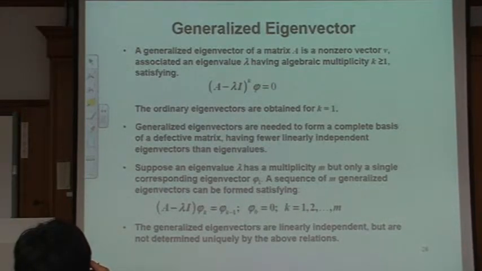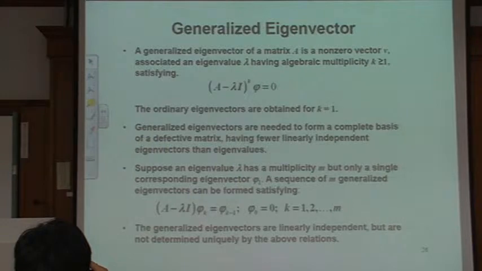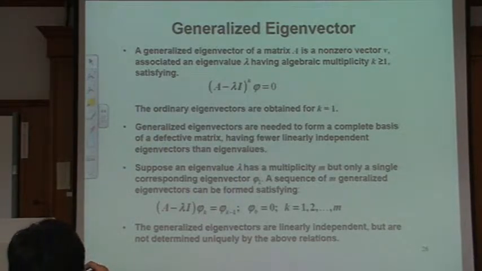So we can use the reverse definition to try to do something. Here we give another definition. We call it the generalized eigenvector. Originally, we define the eigenvector by A minus lambda I times the eigenvector equal to 0. Here we give a slightly different definition.